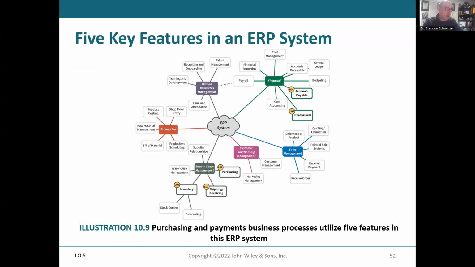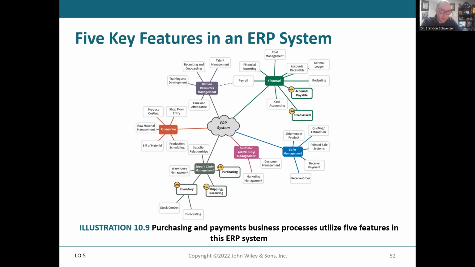And looking at your enterprise resource planning system, and we've discussed this last week, there are 6 primary elements. There's financial, sales, your CRM, supply chain, production, and HRM.